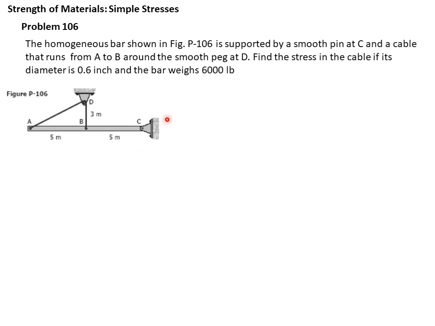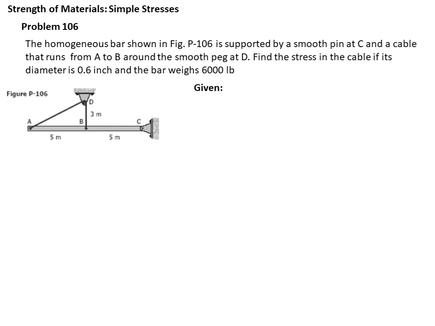So, it is a pin connected and a cable that runs from A to B, this one, from A to B around the smooth peg at D. Okay, so this is the smooth peg at point D. And then find the stress in the cable if its diameter is 0.6. So the diameter of this cable is 0.6. And then the bar weight is 6,000 pounds.